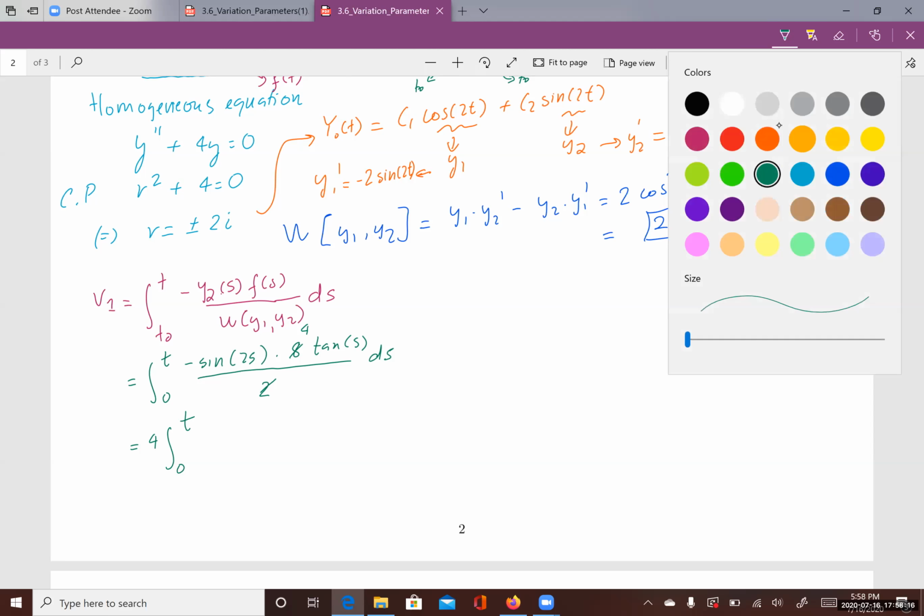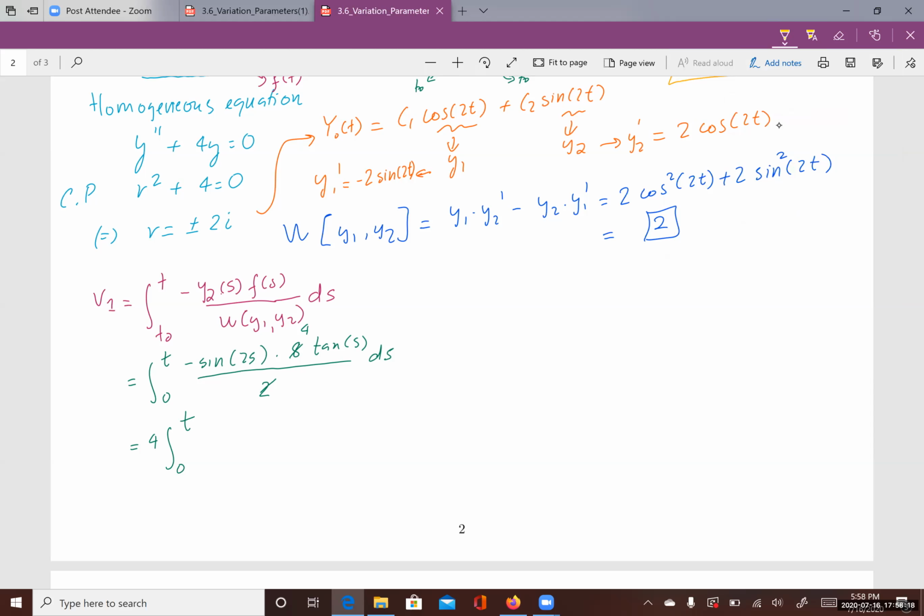Try to remember the trig identity. So sine of 2s equals 2 sine of s times cosine of s. So then I can just replace sine of 2s like this.